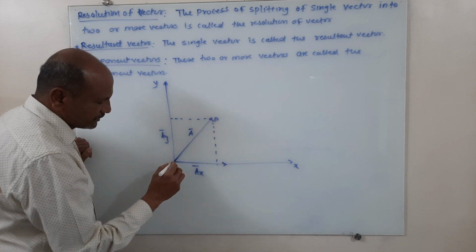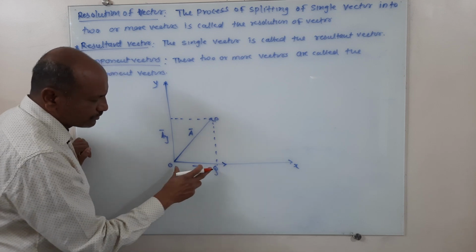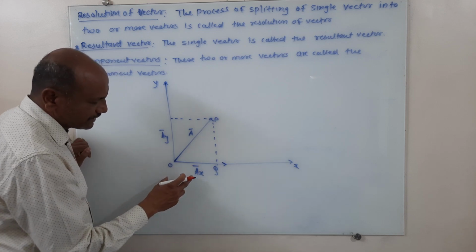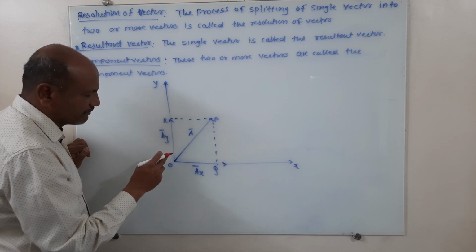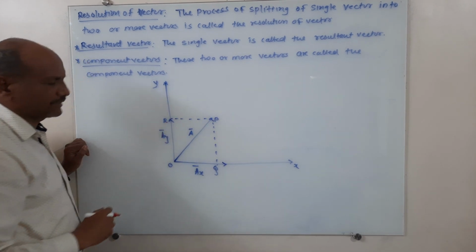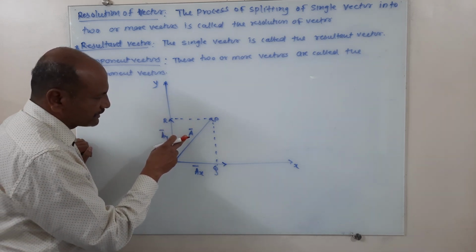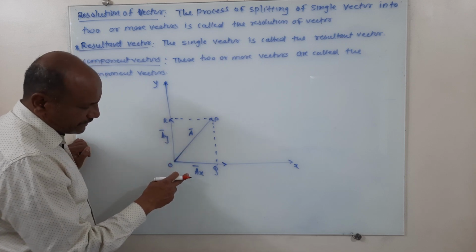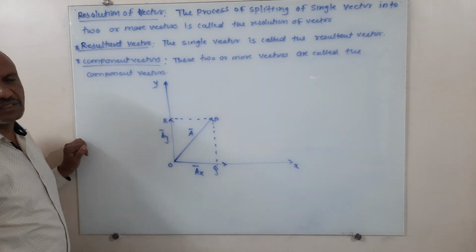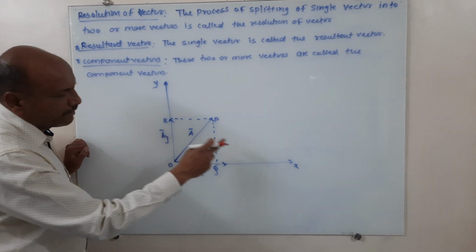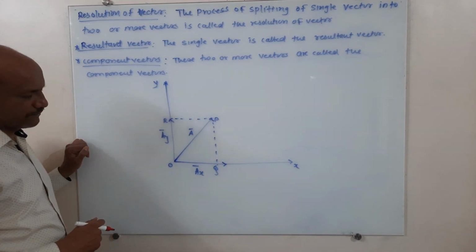Therefore, here assume that OQ represents magnitude and direction of Ax bar and OR represents magnitude and direction of Ay bar. Means A bar is called the resultant vector, Ax bar and Ay bar are called the components of A bar along X and Y axis respectively.